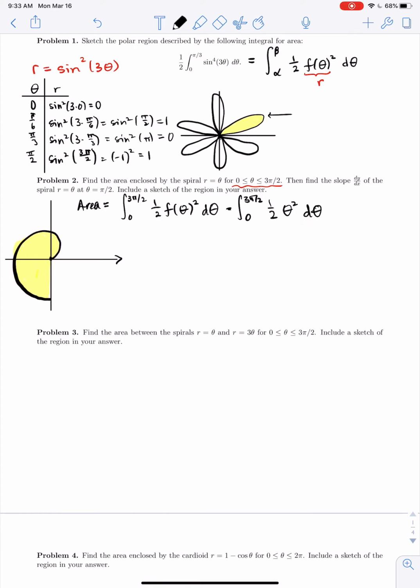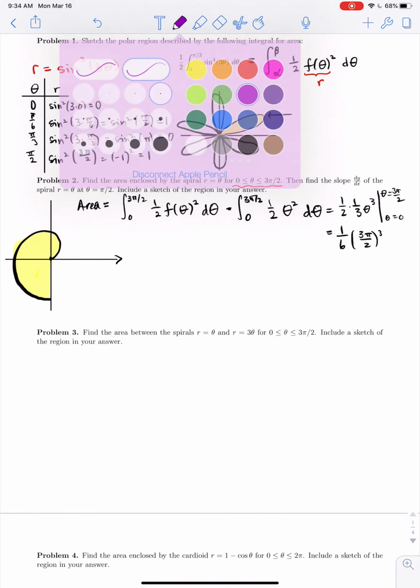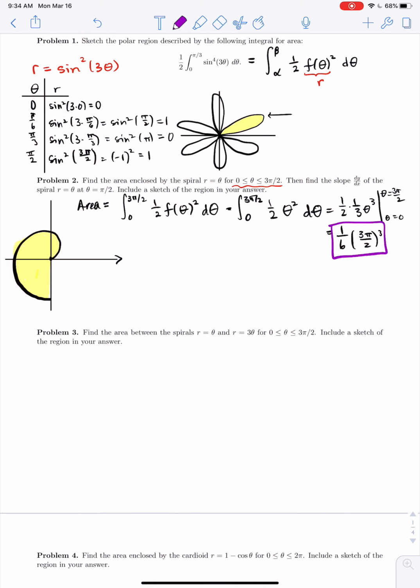That's not too bad since you're integrating with respect to theta. You're going to end up getting 1/2 times 1/3 theta cubed, evaluated from theta equals 0 to theta equals 3 pi over 2. So 1/6 times 3 pi over 2 cubed. And that is the area of that yellow region.